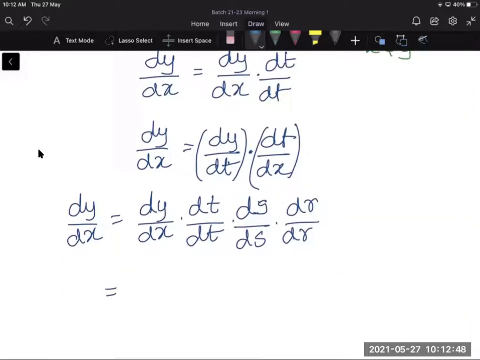Then you can interchange all the denominators and write this as dy by dr.